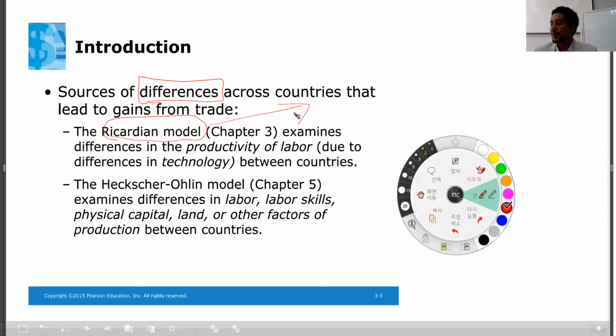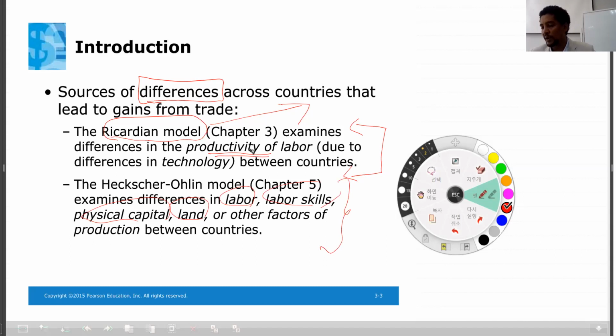But in later chapters, like chapter 5, we'll see the Heckscher-Ohlin model, which examines differences in labor skills, differences in physical capital, in land, and other factors of production between countries. As I've said, in this chapter we will be focusing only on productivity of labor as a means of production.